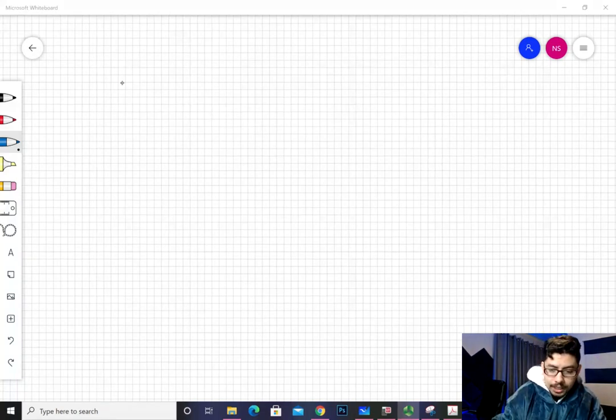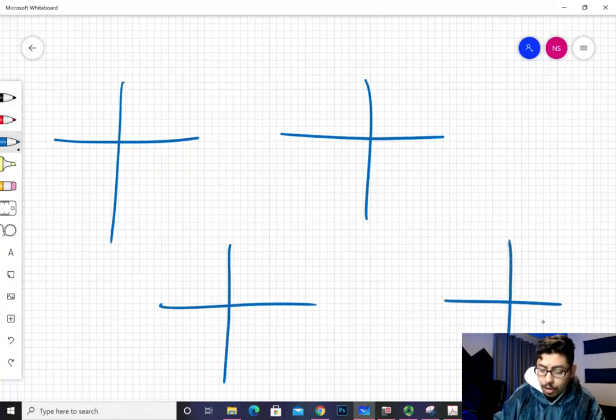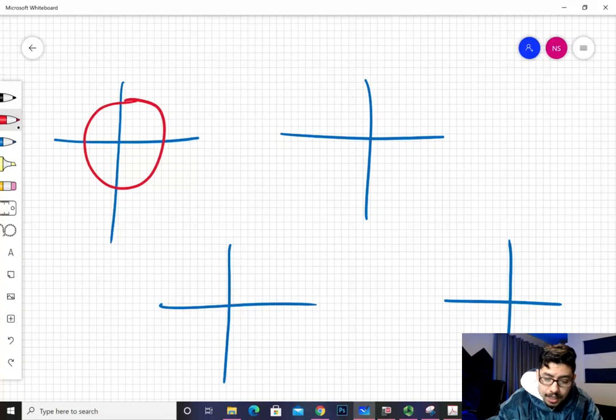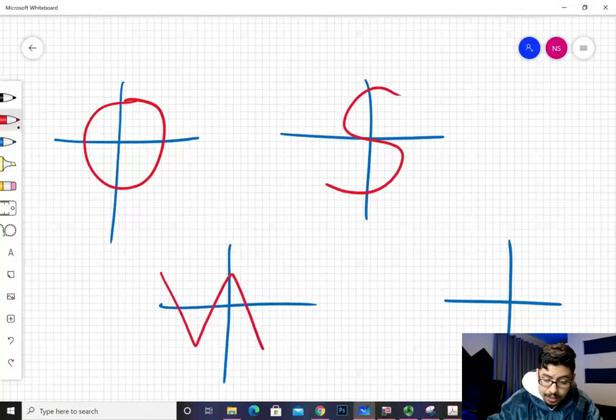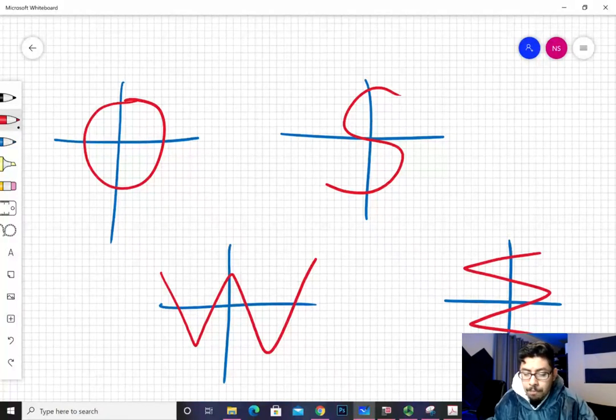Very quickly, let's say we drew a couple graphs, right? And we drew something on the graph, such as this, such as this, such as that, such as this, right?